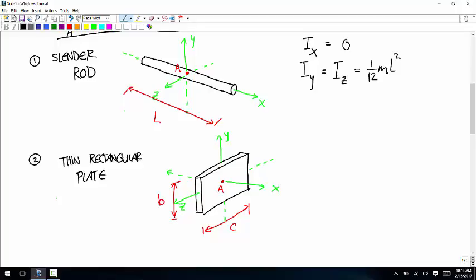So the thin rectangular plate about the x-axis, rotating like a blade, we have 1/12 times the mass times the quantity b squared plus c squared.